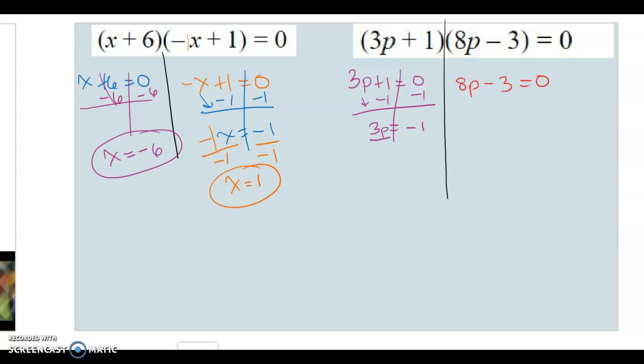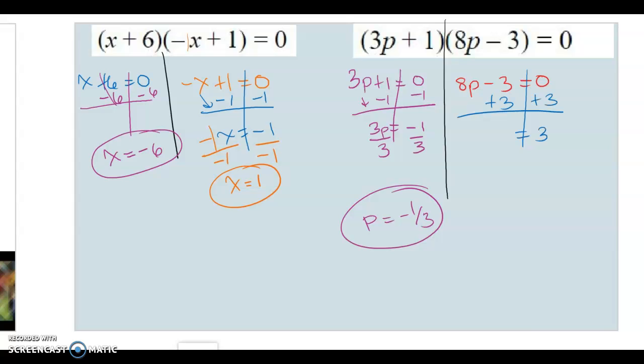P isn't by itself, so I need to divide by 3. P equals -1/3 is one of my answers. For the other side, I add 3, bring my 8p down. P isn't by itself, so I need to divide by 8. Those don't turn into a nice even number, so I get 2 fractions for this answer.